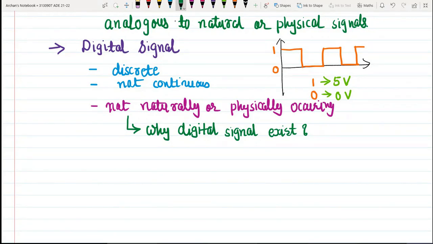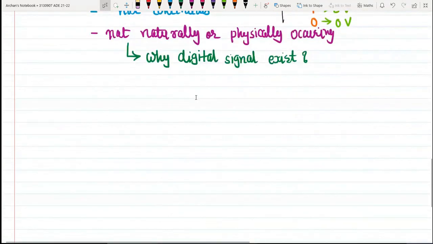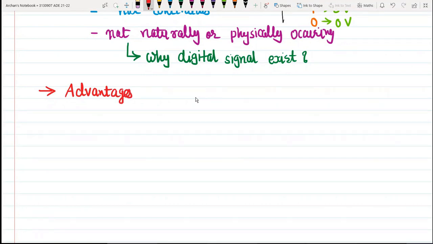Okay, so the answer is much predicted by you. If we are going to generate the digital signal, then there must be some advantage of the digital signal over the analog signal. This is the reason why we are generating it. Yes, definitely there are certain advantages of digital signals. So let us have a look at some of the advantages of digital signals.